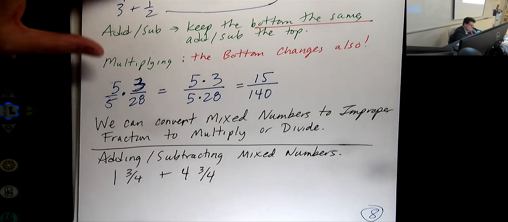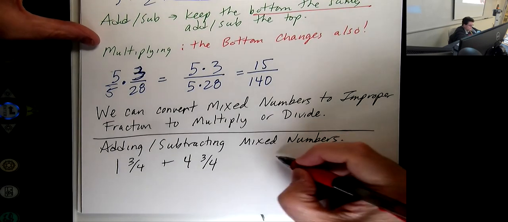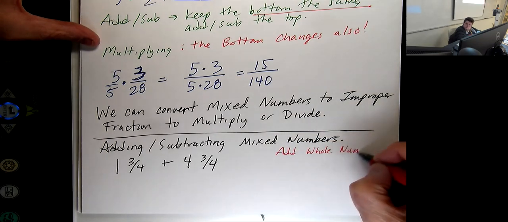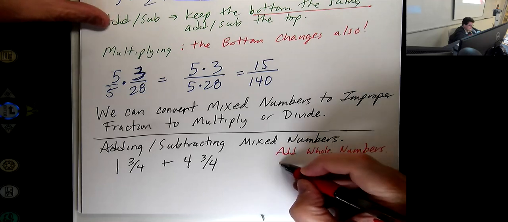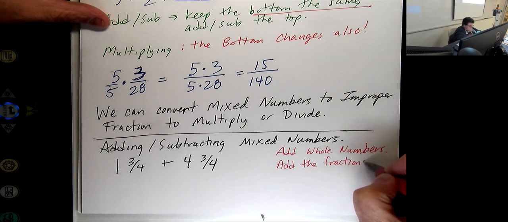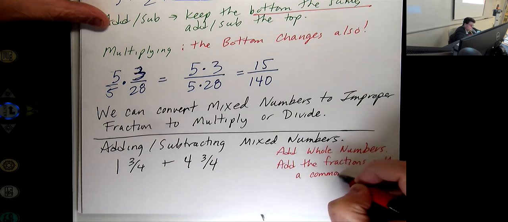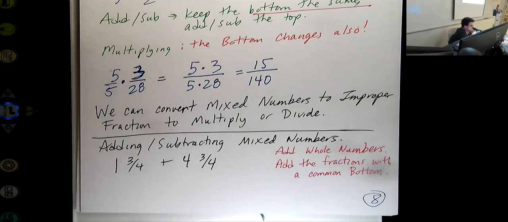The best way about going about adding and subtracting mixed numbers is to add the whole numbers first. Then add the fractions with a common bottom. Common denominator is what it's called. So if they don't have a common bottom, you have to turn it into that first.